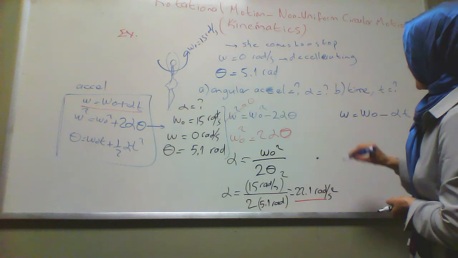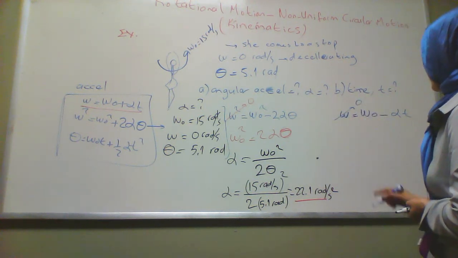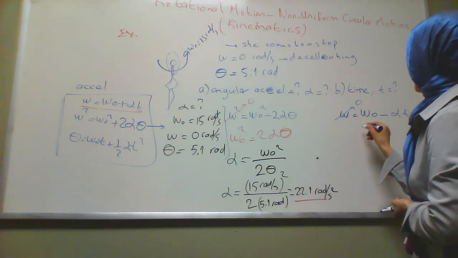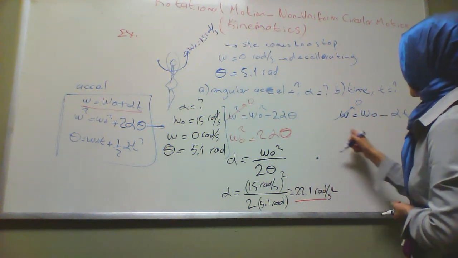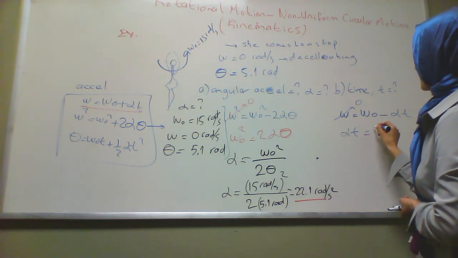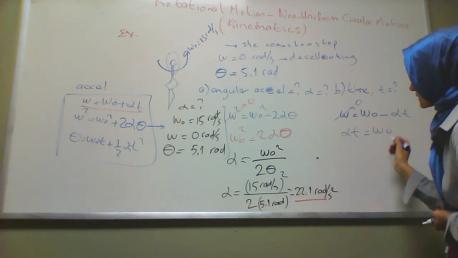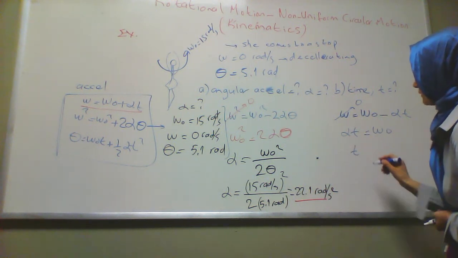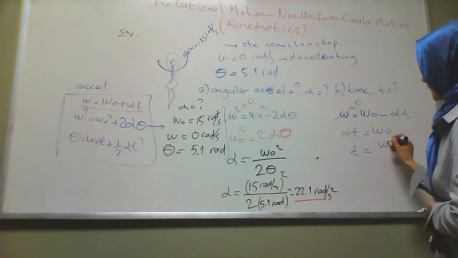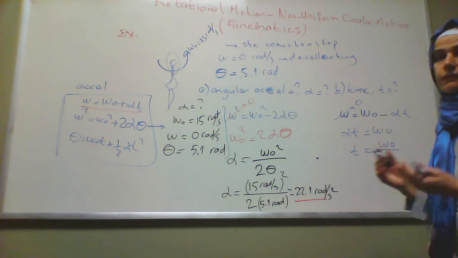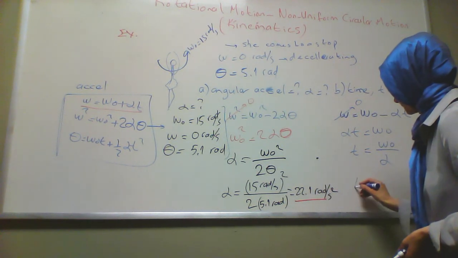And this omega is again 0. I will end up taking this to the other side as positive: alpha t is equal to omega 0. Divide each side by alpha, actually, since I'm looking for t, I'm going to leave t alone. Omega 0 divided by alpha will be my answer for time.